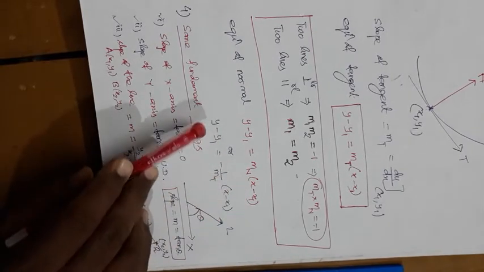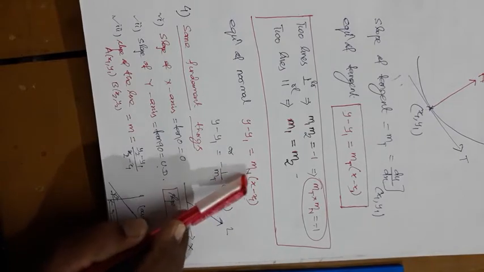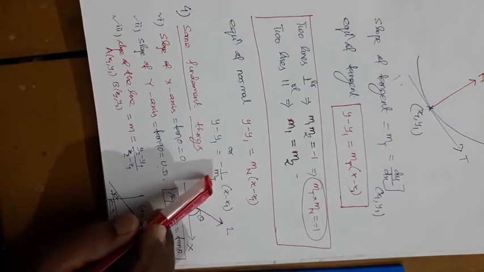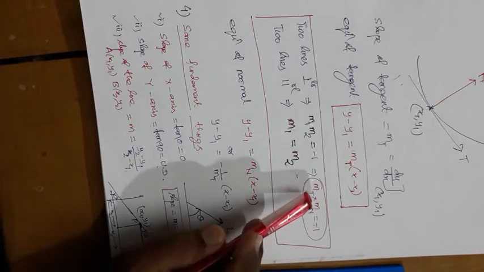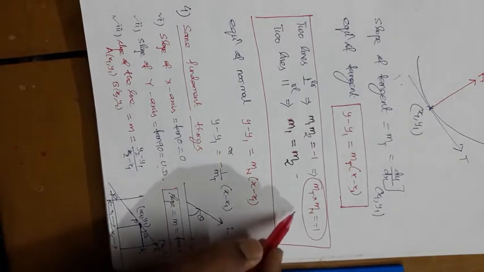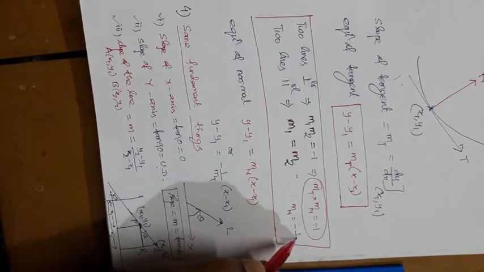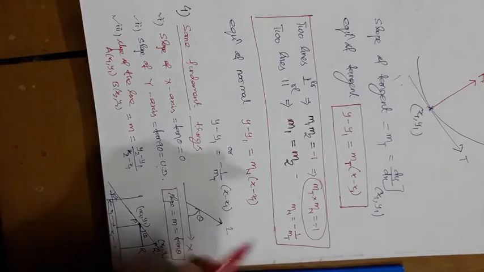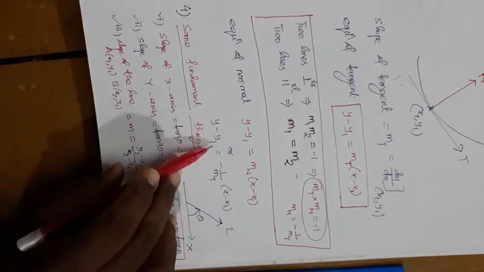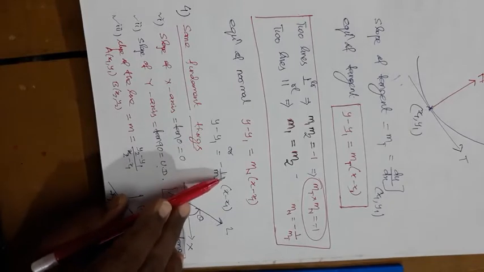In place of mn I can write minus 1 by mt, because mt into mn is minus 1. Clearly mn is equal to minus 1 by mt.